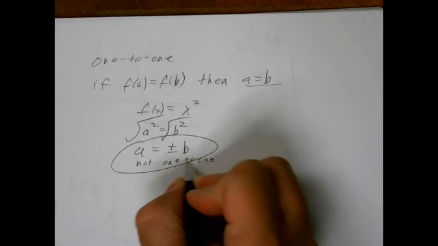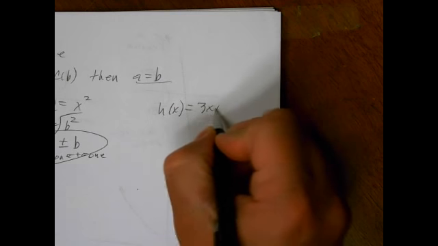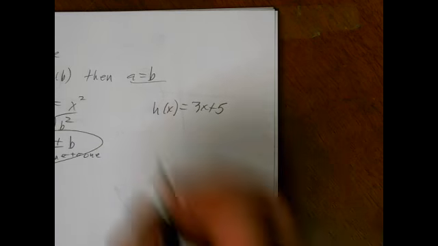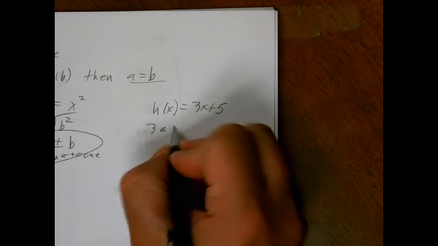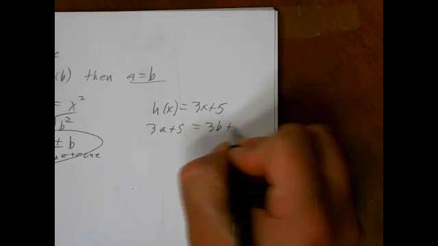That's why this is not one-to-one. Whereas, on the other hand, if h of x is equal to 3x plus 5, then h of a is 3a plus 5, equaling h of b, which is 3b plus 5.